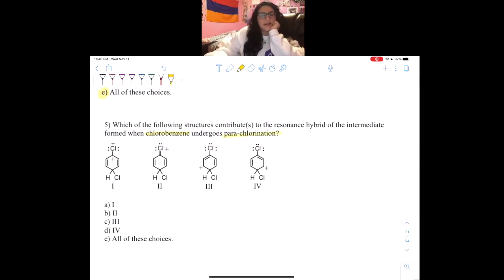The only thing that's changed is we replaced the bromine with a chlorine, and all of the exact same rules will apply. The resonance structures will be exactly the same. So once again, all of these are correct answer choices because they all contribute to the resonance hybrid of chlorobenzene once it undergoes parachlorination.